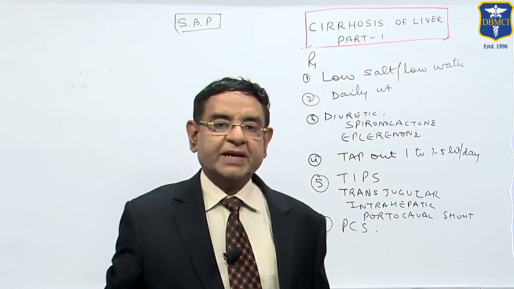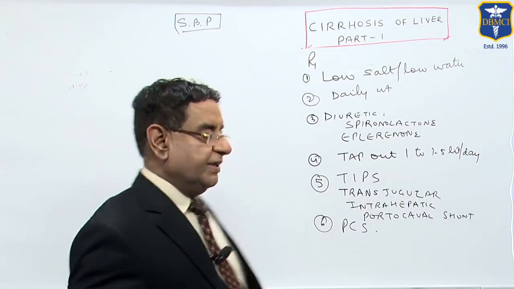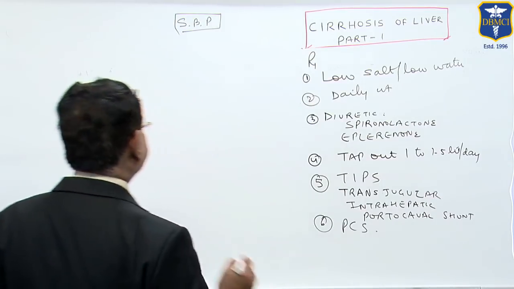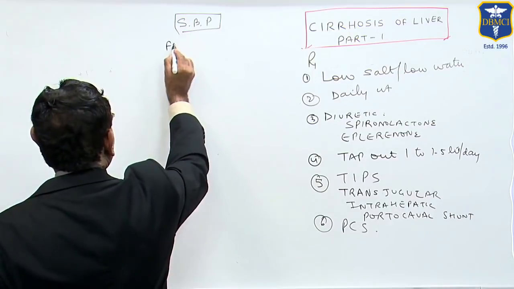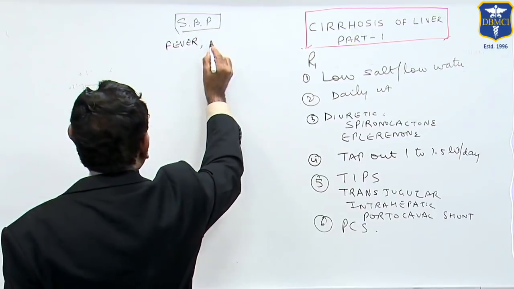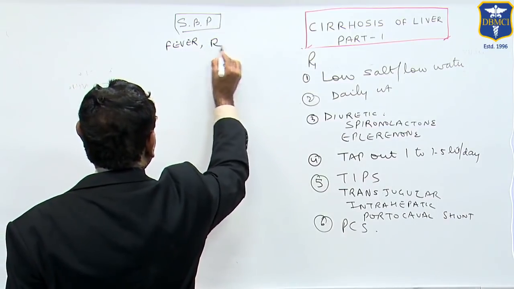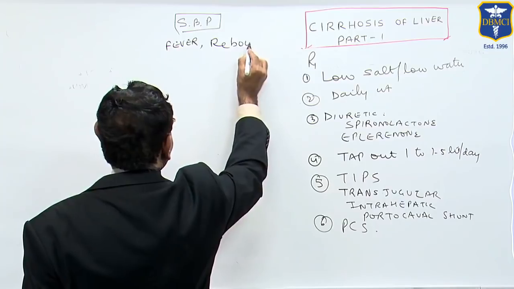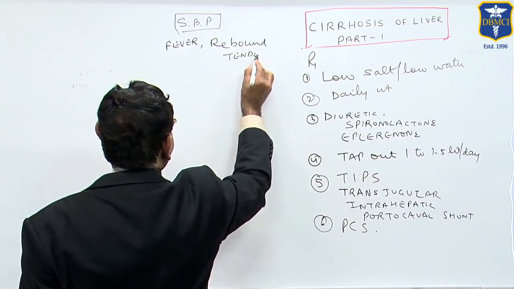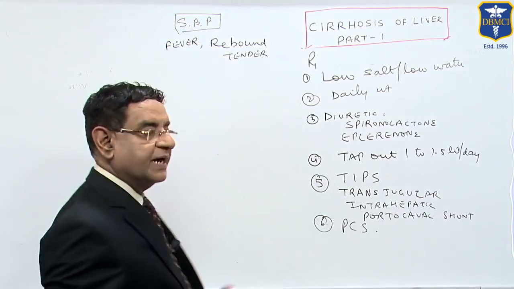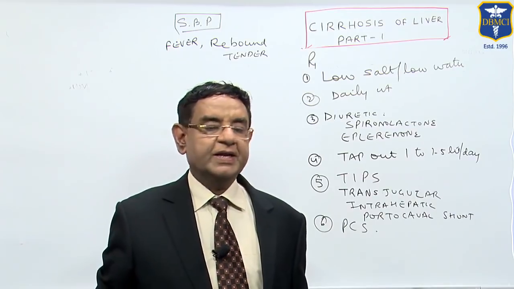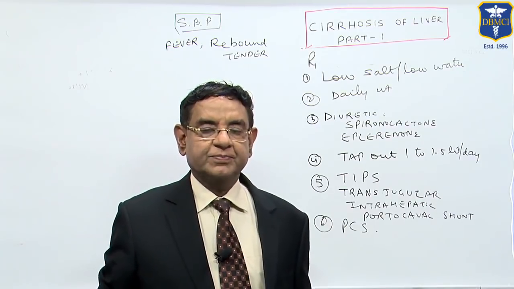We suspect SBP if a known case of ascites develops fever and abdominal tenderness, especially rebound tenderness. That is highly suggestive of spontaneous bacterial peritonitis.